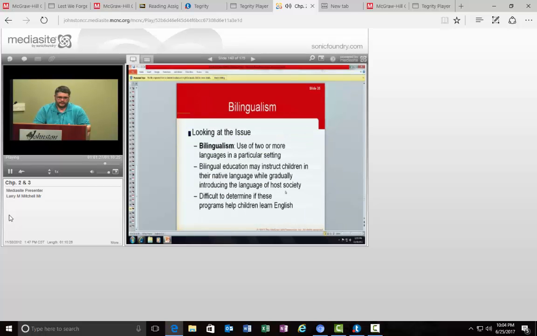All right, and one last component there is bilingualism. So that is, being fluent and able to communicate in 2 or more languages. And so that is a common thing, especially in many countries. In the United States, it's predicted to be even more popular.